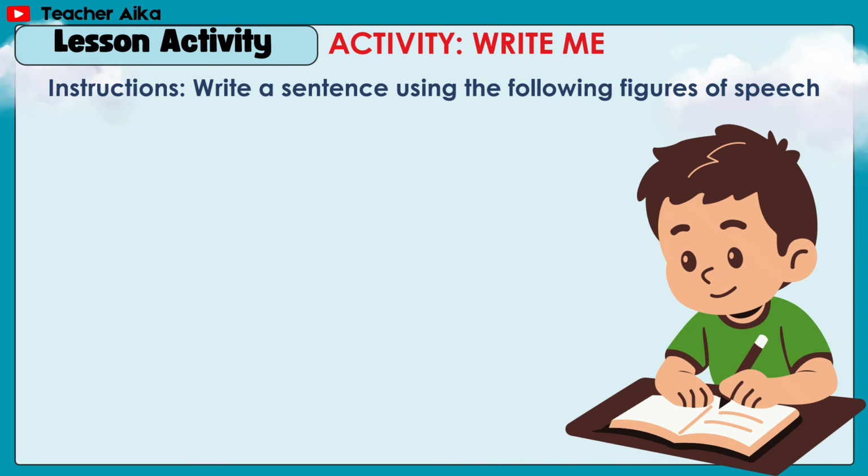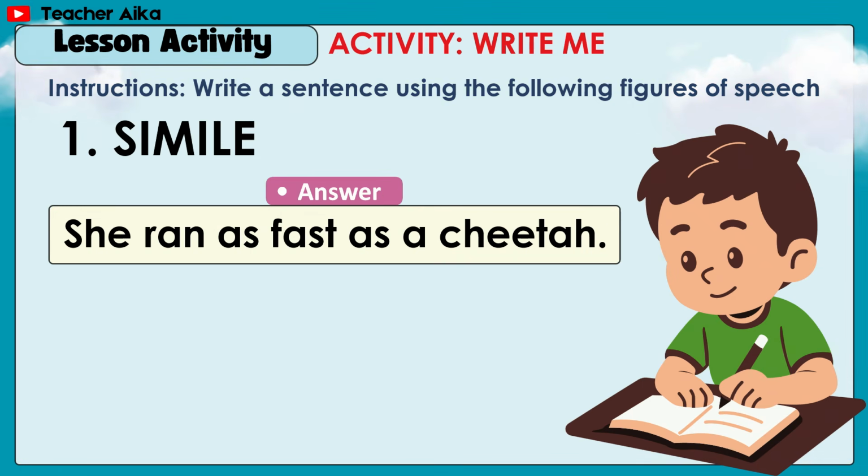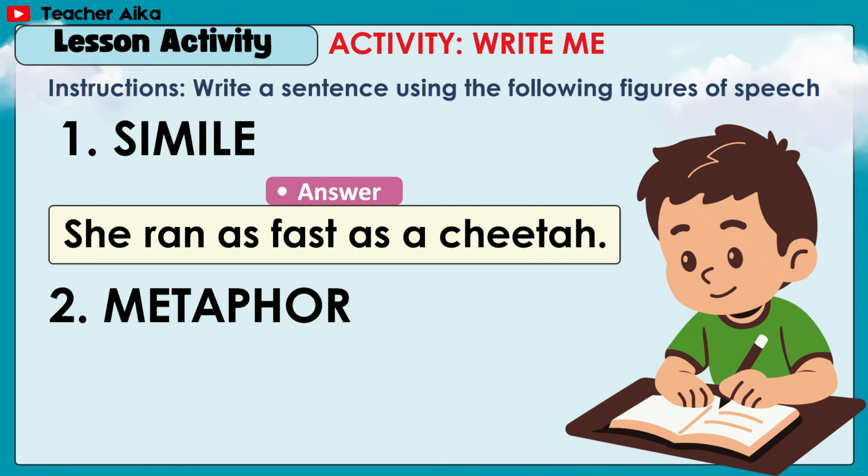Lesson activity: write me. Instructions: write a sentence using the following figures of speech. Number 1, simile. Answer: she ran as fast as a cheetah. Number 2, metaphor.